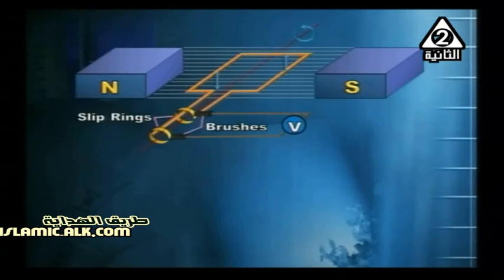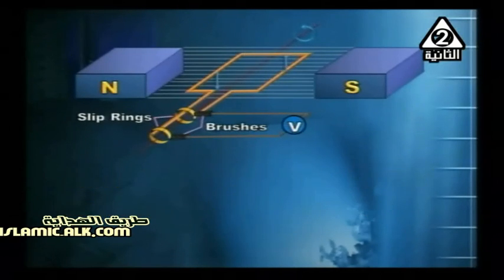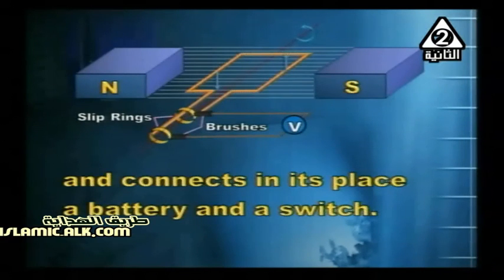Now we've got another type of question. We've got a diagram, and a student disconnects the voltmeter shown in the circuit and connects in its place a battery and a switch.